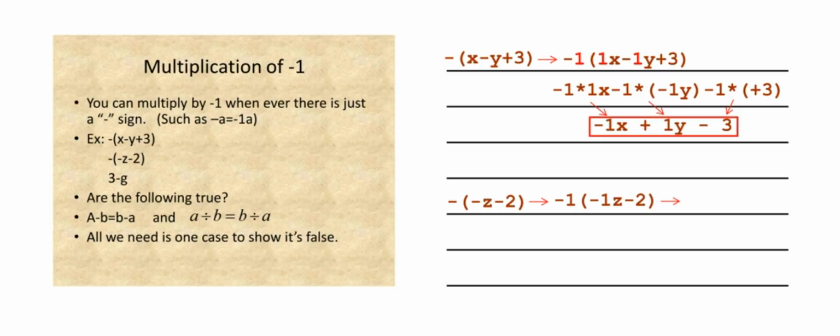And now let's distribute the negative sign. We have a negative 1 times negative 1z, and then negative 1 times negative 2. We simplify, negative times a negative in both cases will give us a positive. 1 times 1 is 1z, and 1 times 2 is 2. So there are our answers.